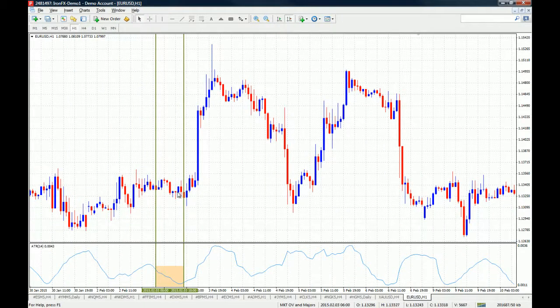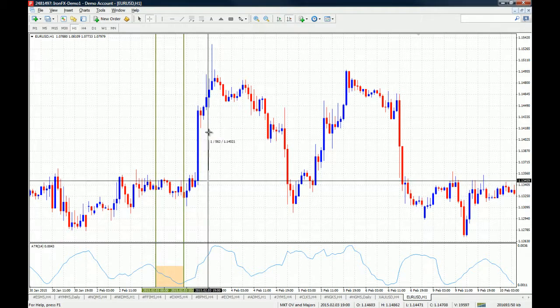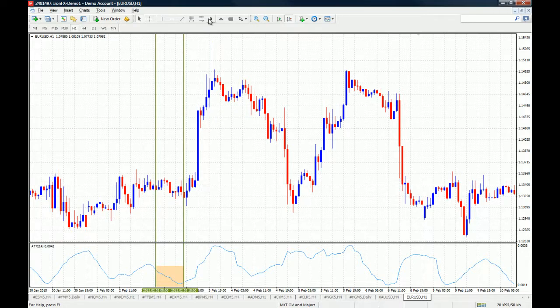Okay, now when price starts to break to the upside and we have an actual candle that shows volatility, because we have this 100 pip candle to the upside, you can see that the ATR starts to move to the upside, meaning that there's volume in the market, there's buyers coming in.